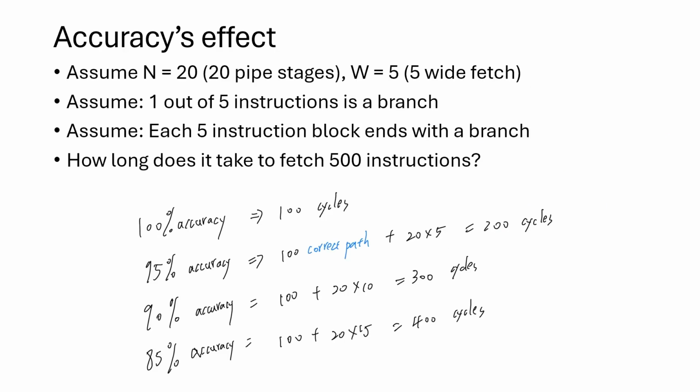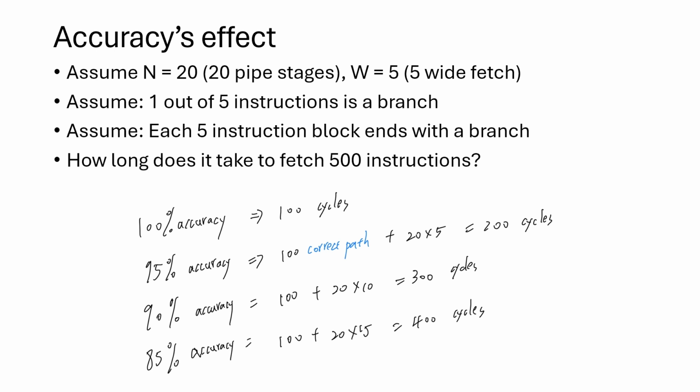The accuracy effect. Assume there are 20 pipeline stages and 5 instructions fetched per cycle, and assume 20% of instructions are branches. So how long does it take to fetch 500 instructions? We can see how to calculate the question. If the predictor is 100% accurate, it only takes 100 cycles.